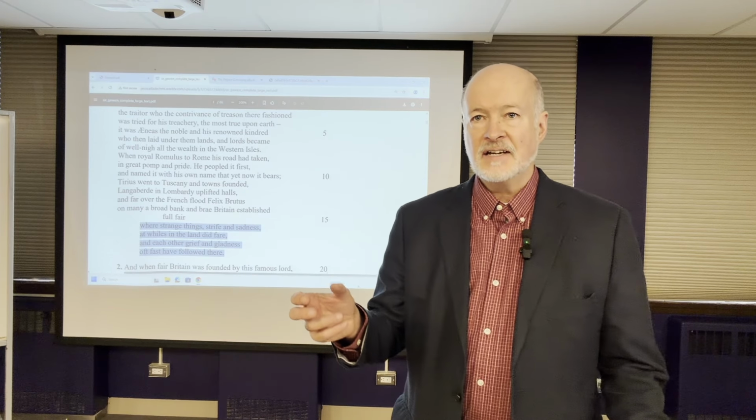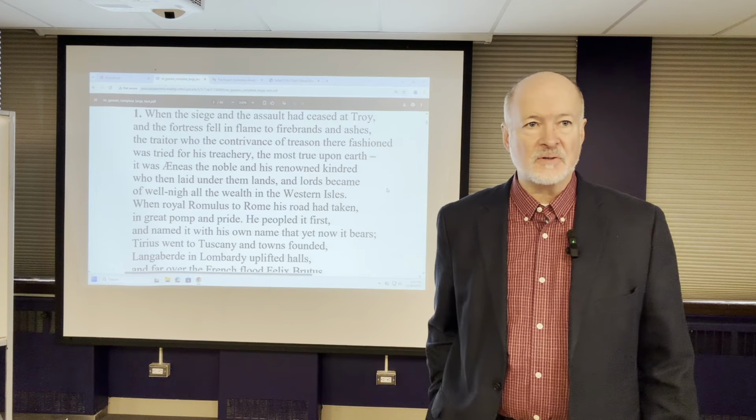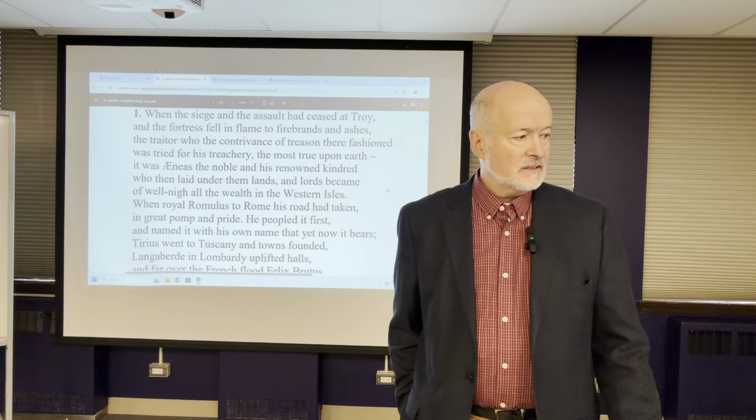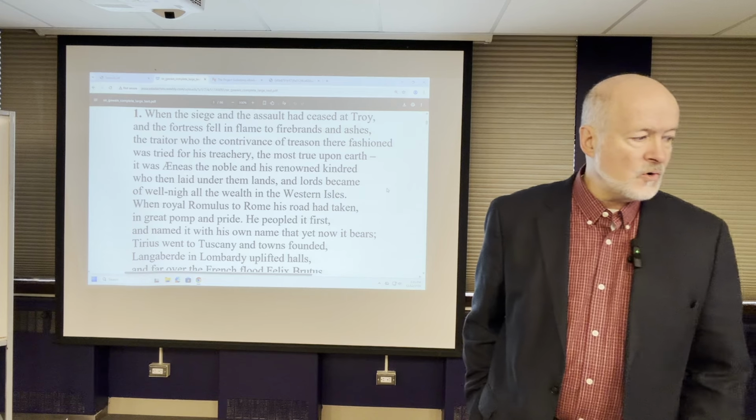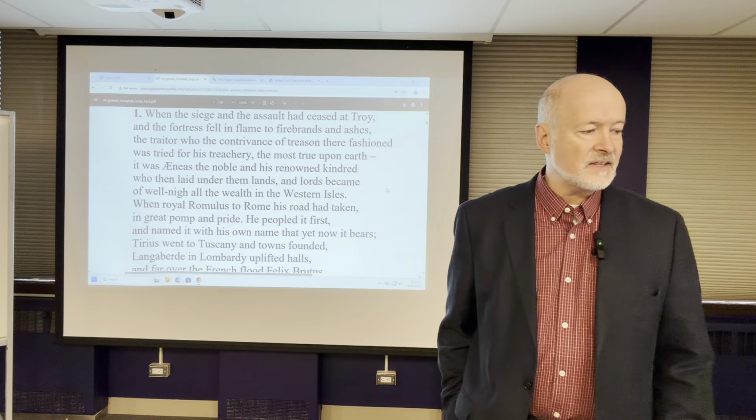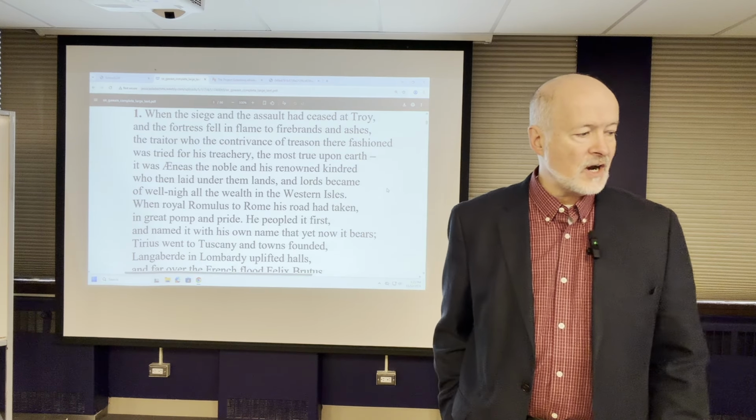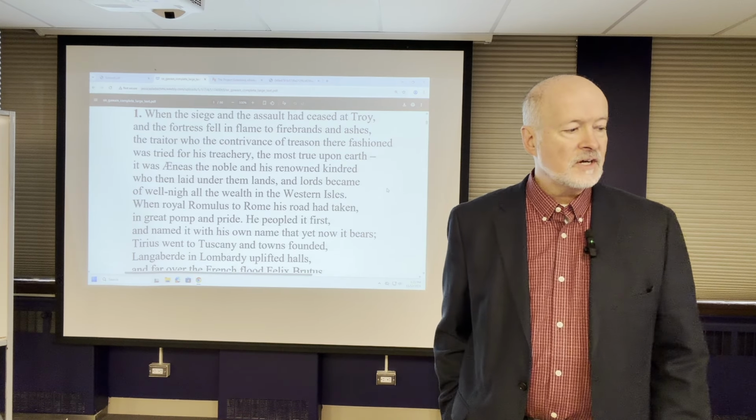When the siege and the assault had ceased at Troy, and the fortress fell in flame to firebrands and ashes. Note the alliteration that I said was beloved of the Anglo-Saxons, also in Middle English. And the traitor who the contrivance of treason there fashioned was tried for his treachery, the most true upon earth. It was Aeneas the noble and his renowned kindred, who then laid under them lands and lords became, of well nigh all the wealth in the Western Isles.